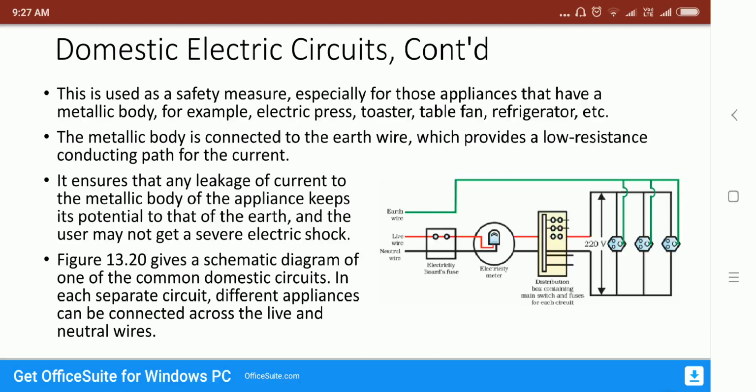So at our home 220 to 230 volt is there. Before applying at our home, a distribution box is available for the main switch that is connected with the fuse. And whatever domestic circuit or domestic box is at our home, it is connected with the meter, which defines how much electricity is used in units, with the electric board and fuse.